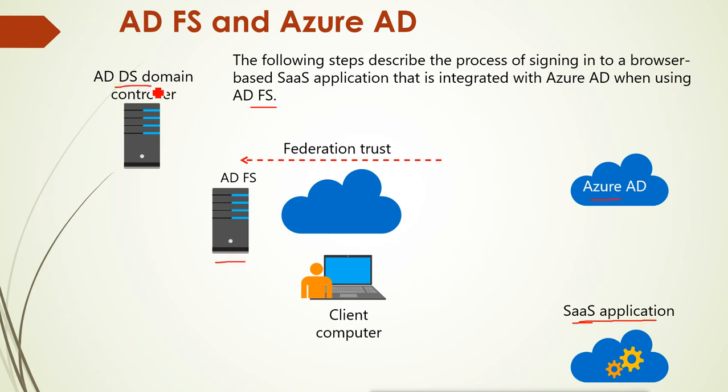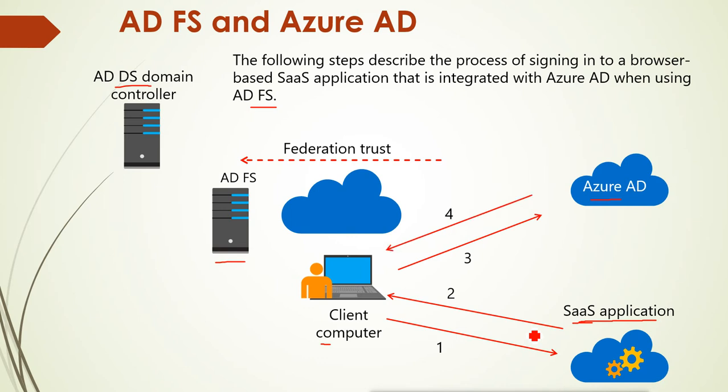So how it works: first, the client computer wants to use this application, so it sends a request to the application. Now the application says that it is going to authenticate based on Azure Active Directory, so it sends the request to Azure Active Directory Services. Azure AD says that, since this is the Federation Trust we have configured, it will send the reply to authenticate from the ADFS Federation Services.